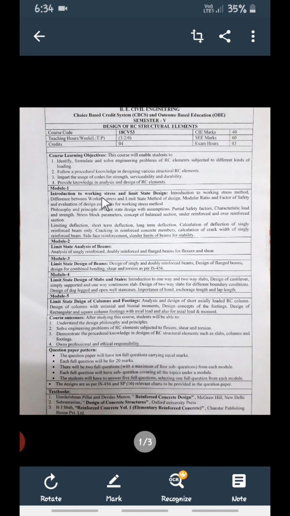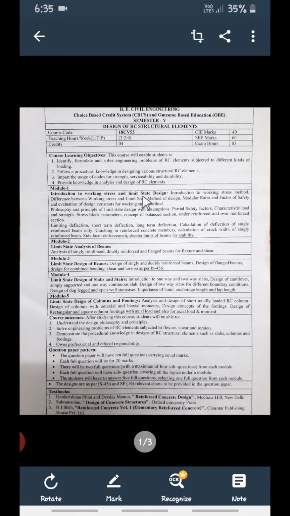Nowadays all the structural elements or the complete structure are designed with the help of the limit state method. What the advantages of the working stress method and limit state method are, and the difference between these 2 methods, we will study in detail.